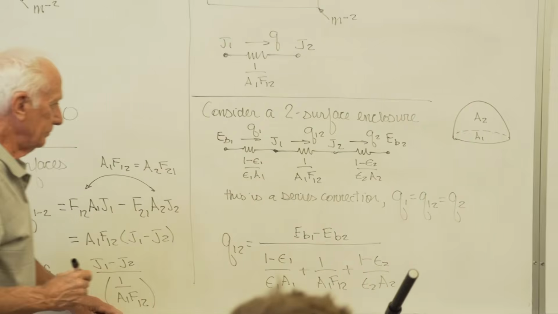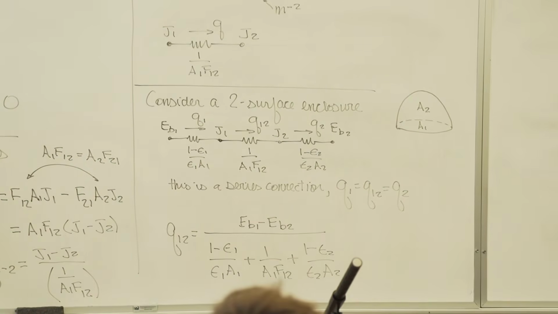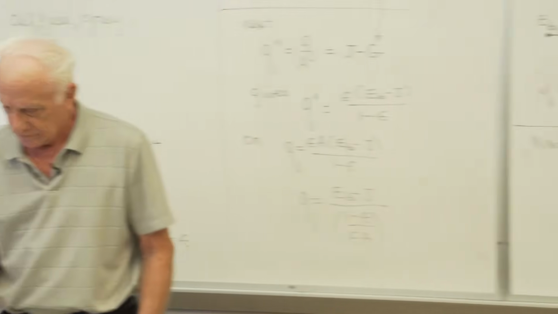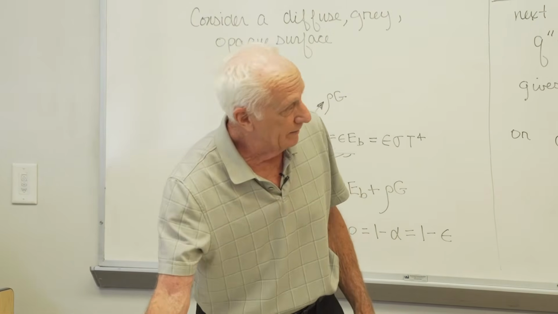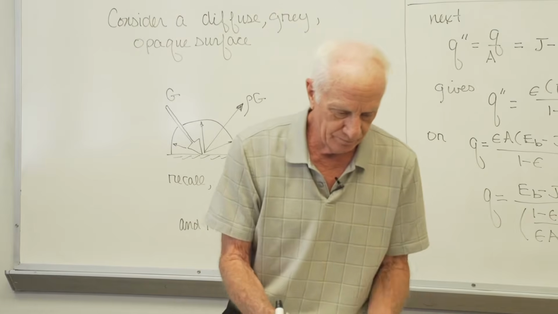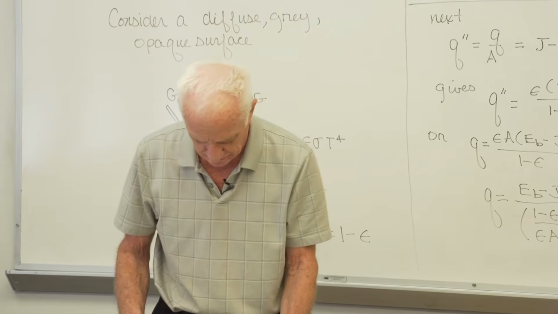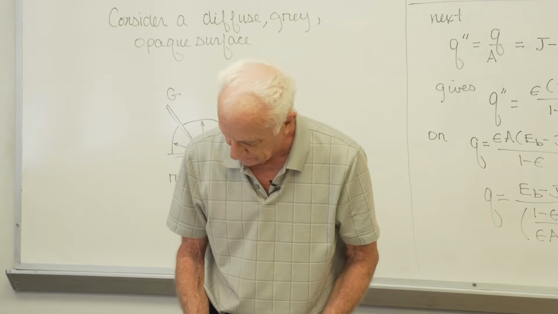Got it. So that's how you end up solving for the heat transfer. All the Q's are equal, so it doesn't matter which one you want to look at. They're all the same.